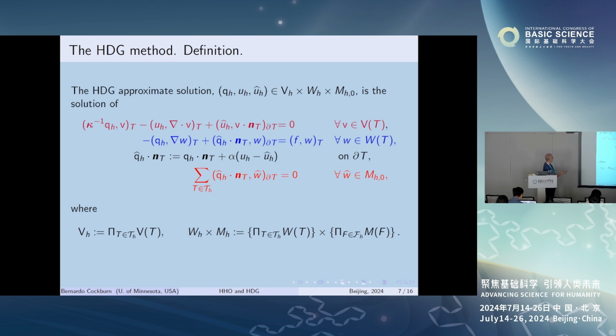You integrate by parts, and you put a little hat on the trace. Here, the same thing: you have the divergence of q, integrate by parts, and you put a little hat. And then the name of the game is to find the relation between q hat and q, and u hat and u, which is through this alpha. And then you might have to make sure that this is well defined, and that's it.